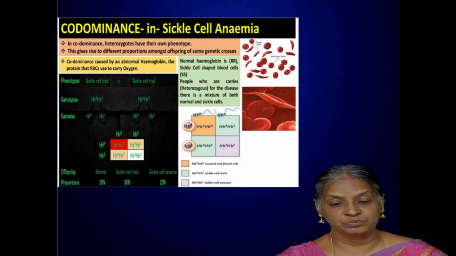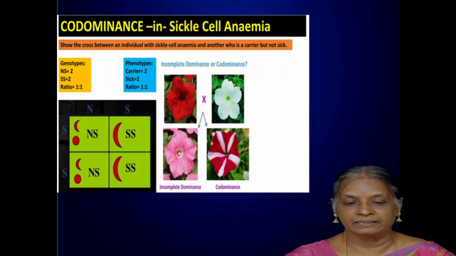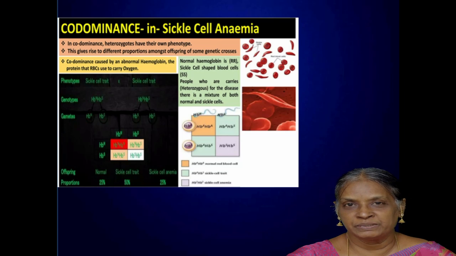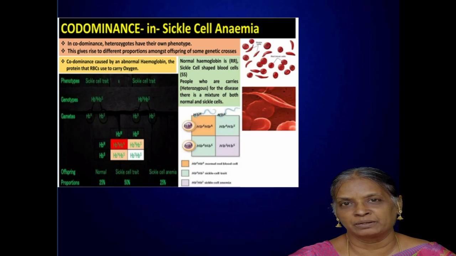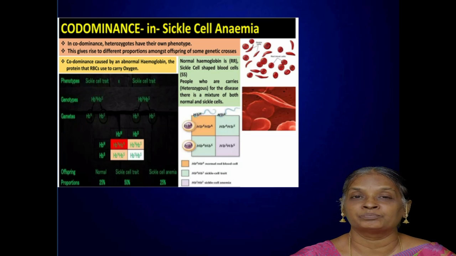Here, HbA is the gene responsible for normal RBC production, and HbS is the allele responsible for sickle cell RBC. So here, when HbA alleles are present in double dose, normal RBCs are produced and the person is completely free from sickle cell anemia.